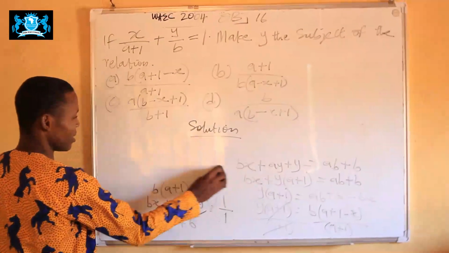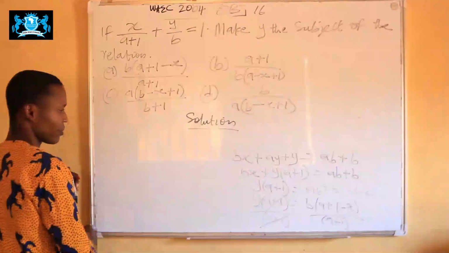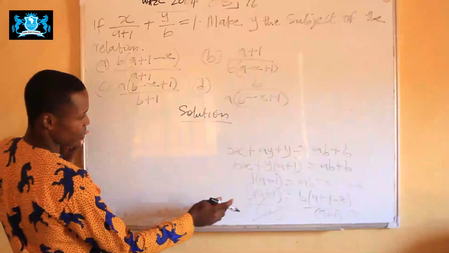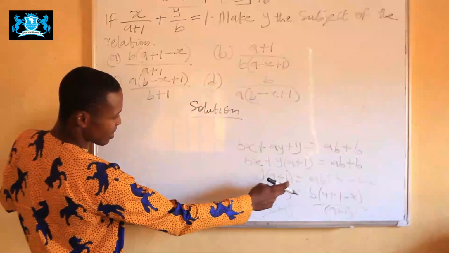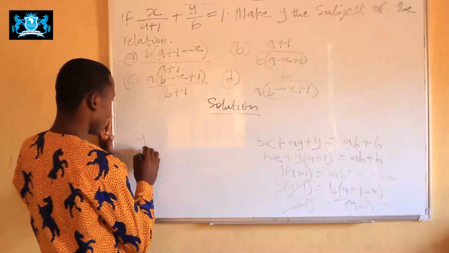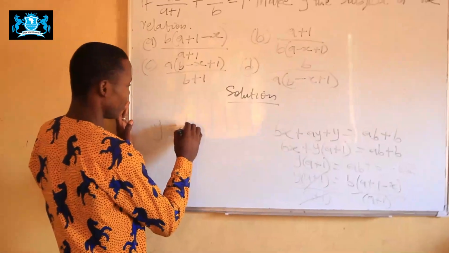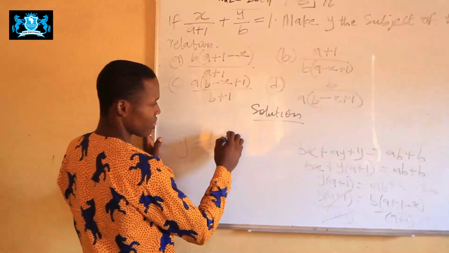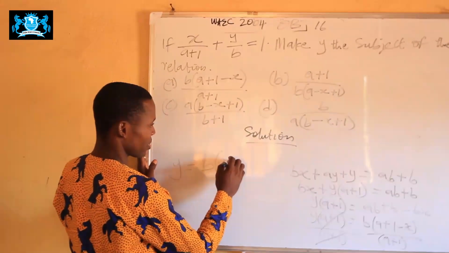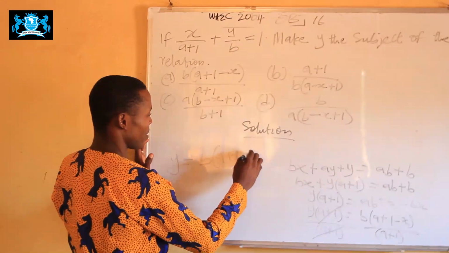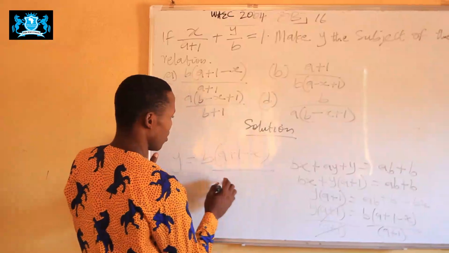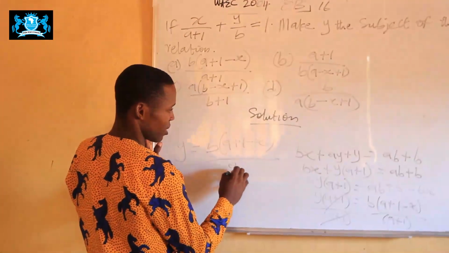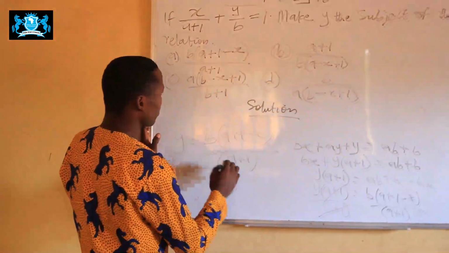So y will now be equals to b times a plus 1 minus x all over a plus 1.